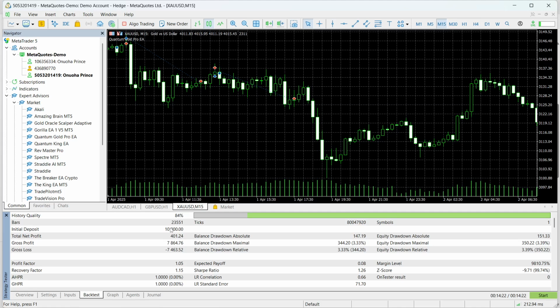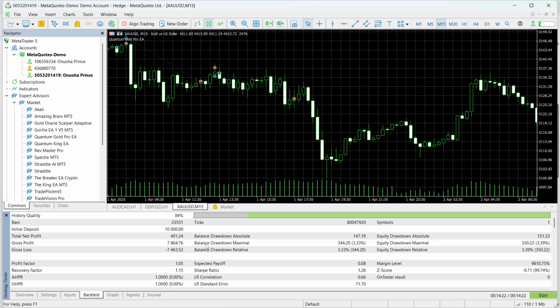Compared to what the developer had on the site, the number is quite small. It's quite small compared to the developer's claims, so I can't really see it is in line with what the developer claims. Because in that case, we had just an initial deposit of $500 and we had crazy profits from that. But in this case, we had very minimal profits on a $10,000 account.